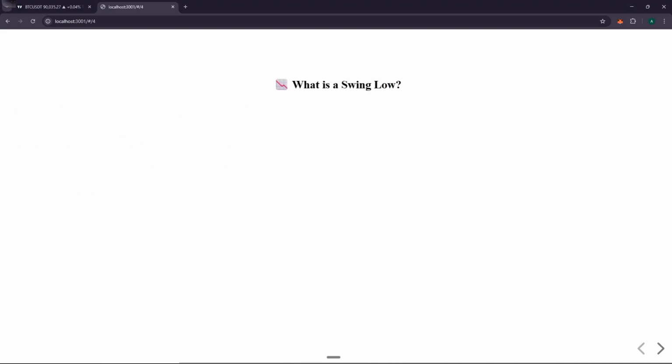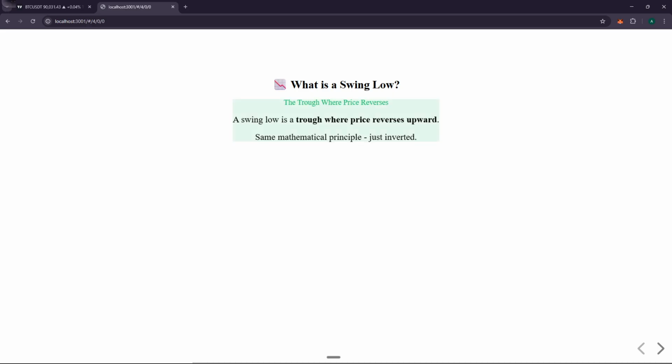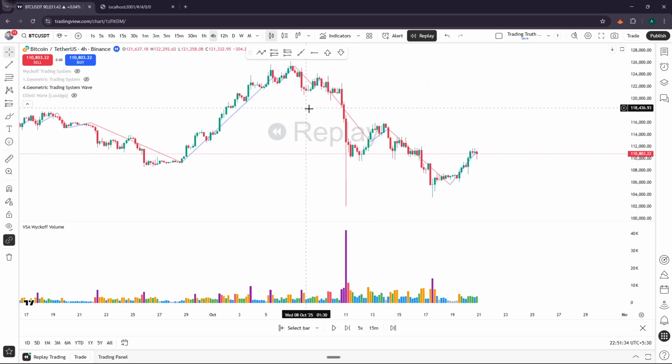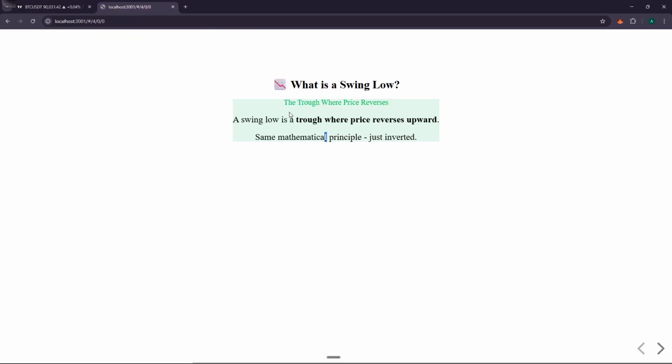Now let's talk about what a swing low is. Same thing as swing highs. A swing low is a trough where price reverses upward.